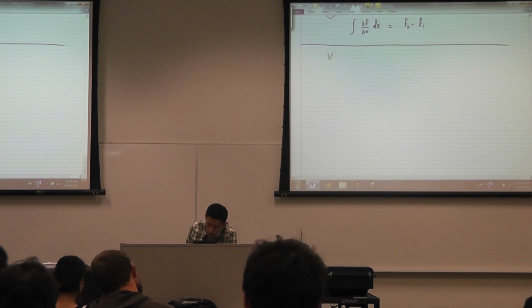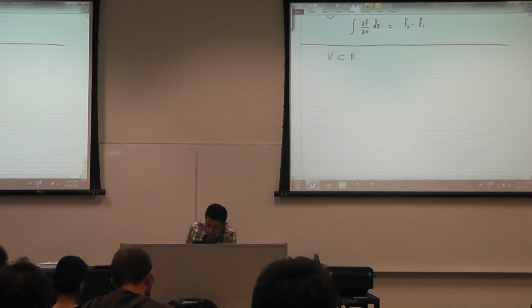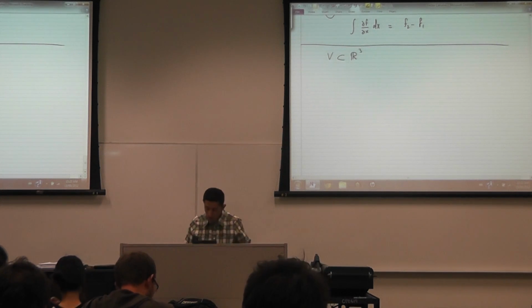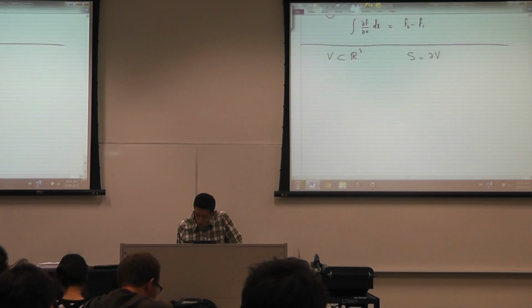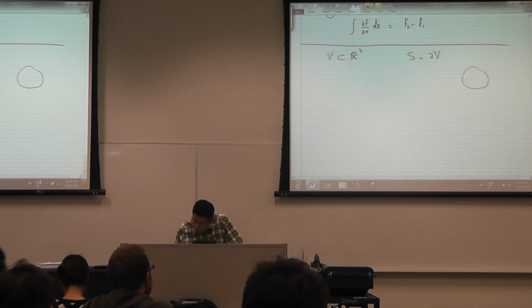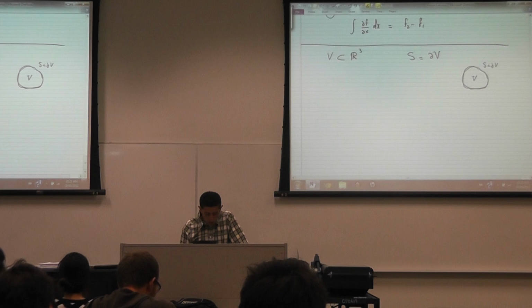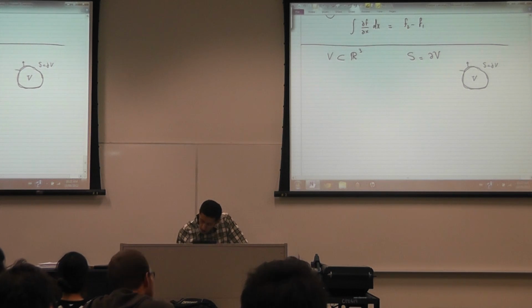I have a set V in R3, and its boundary is called S. On the boundary, I have a unit vector called N.